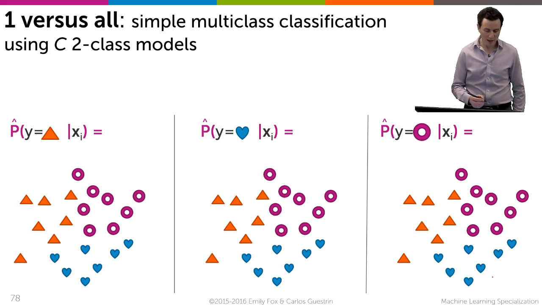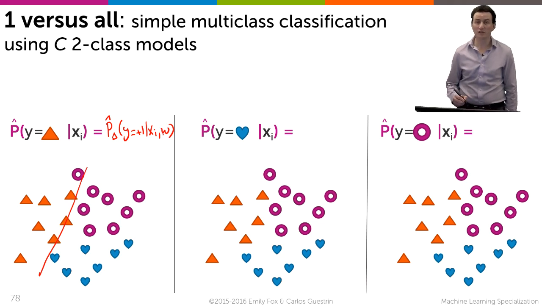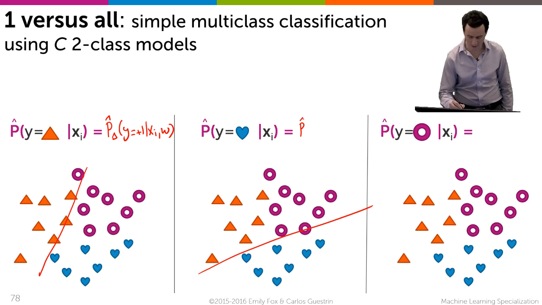So we will learn a one versus all that tries to compare triangles against donuts and hearts, which is going to be defined by p hat subtriangle that y equals +1 given xi and w. We're going to learn a model for hearts that tries to separate hearts from triangles and donuts, which is going to be p hat, and we learned on a different data set, so it's going to be sub hearts.